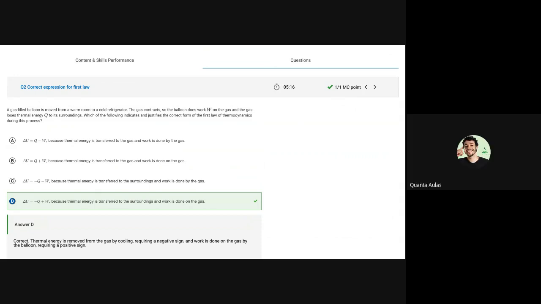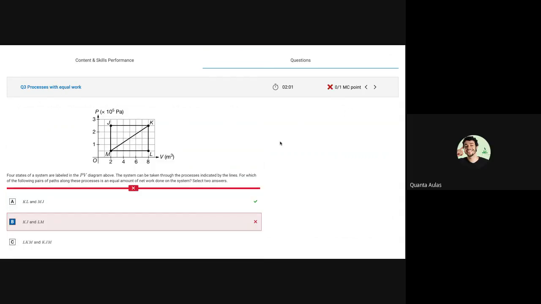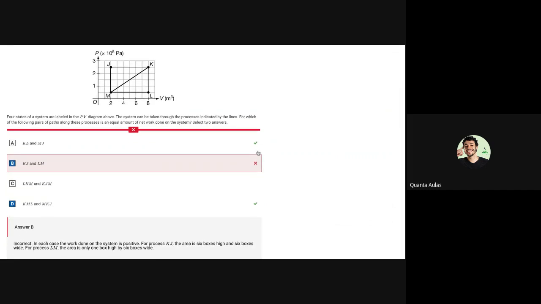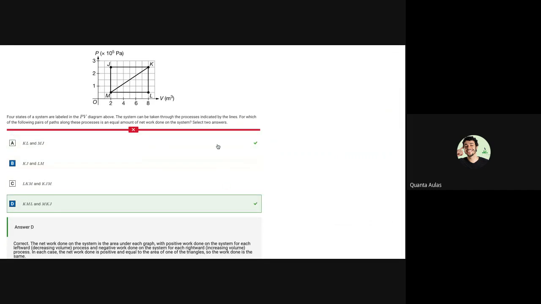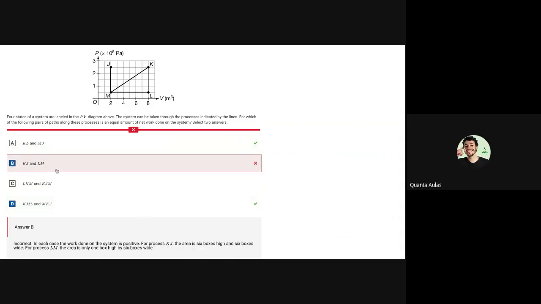Okay, because I say to you, this question is only putting the first law of thermodynamics. Let me see now. I got this one right. I got this one wrong. Km and Lm.